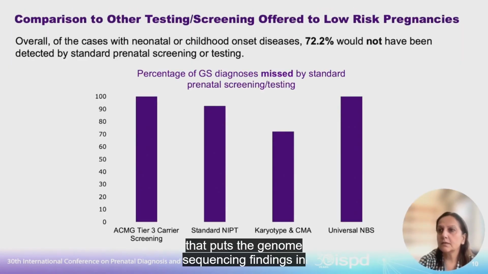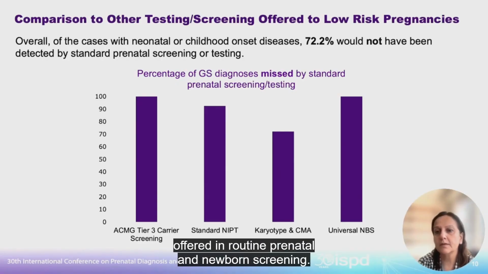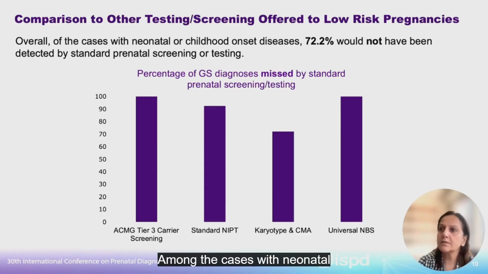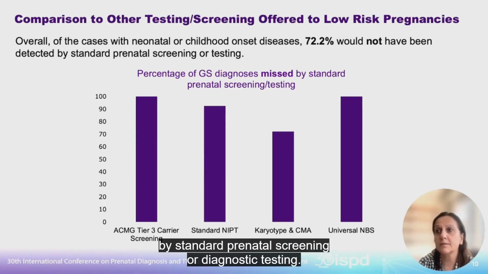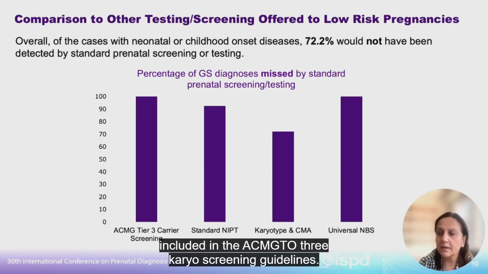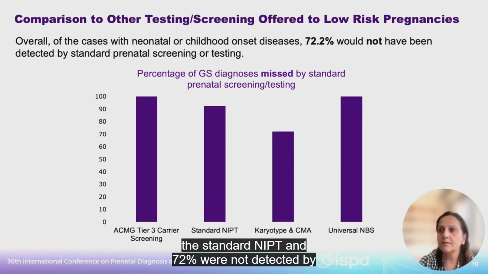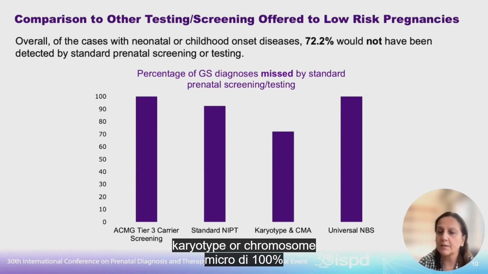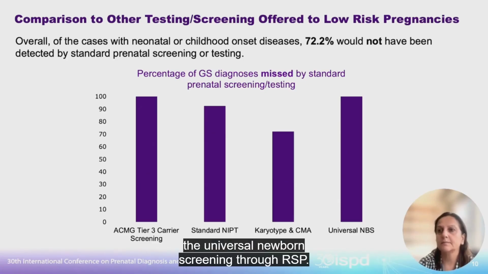This slide puts the genome sequencing findings in the context of what is currently offered in routine prenatal and newborn screening. So among the cases with neonatal or childhood onset conditions, 72.2% would not have been detected by standard prenatal screening or diagnostic testing. More specifically, 100% were not included in the ACMG Tier 3 carrier screening guidelines, 92% were not included in the standard NIPT, 72% were not detected by karyotype or chromosomal microarray, and 100% were not included in the universal newborn screening through RUSP.